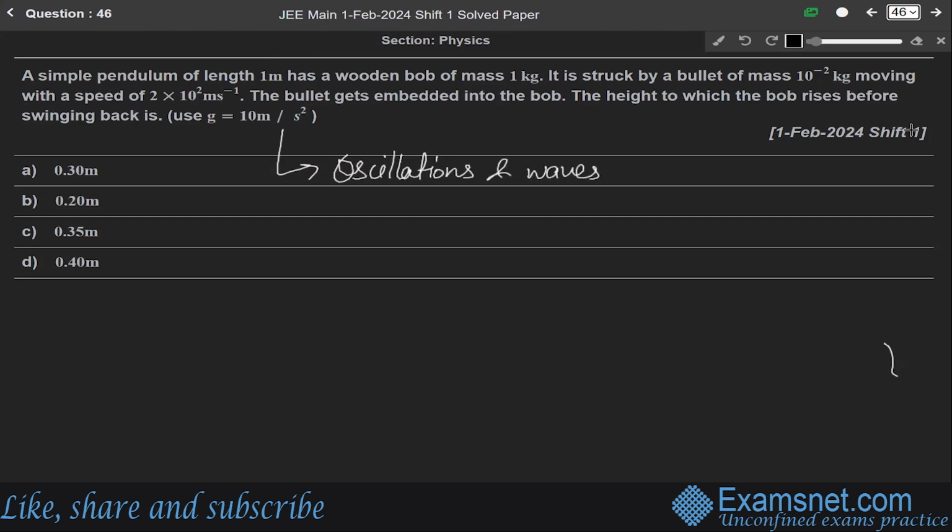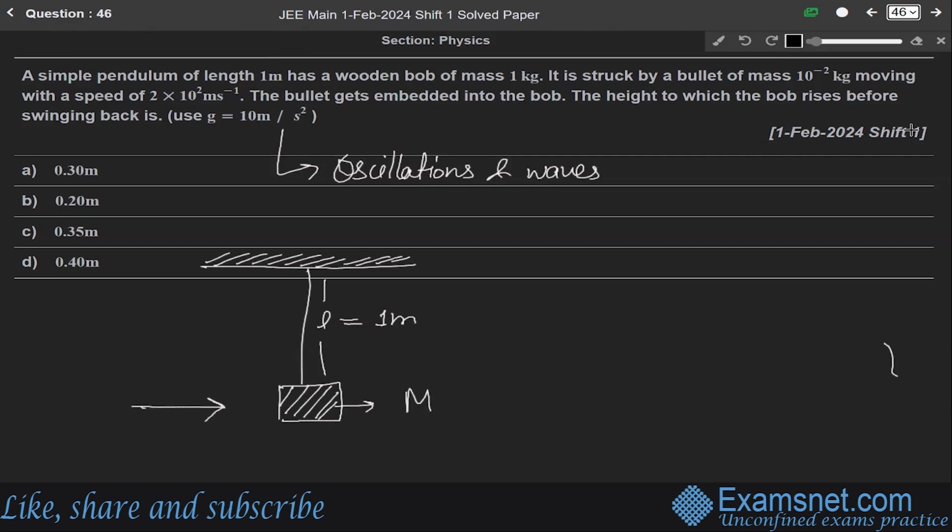According to this question, there is a simple pendulum and its length is 1 meter. Let us say its length is L equals to 1 meter, and a wooden bob of mass 1 kg. Let us say its mass is capital M, it is 1 kg, and it is struck by a bullet. Let us say the bullet is coming from this direction.